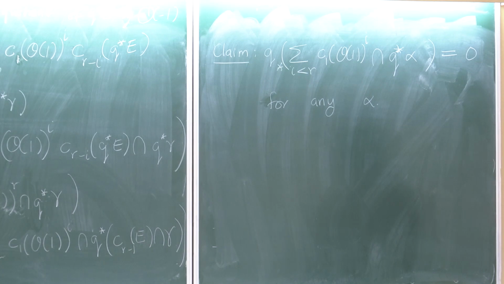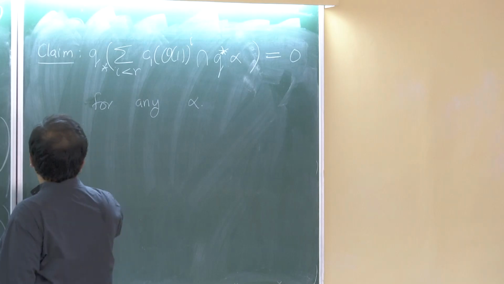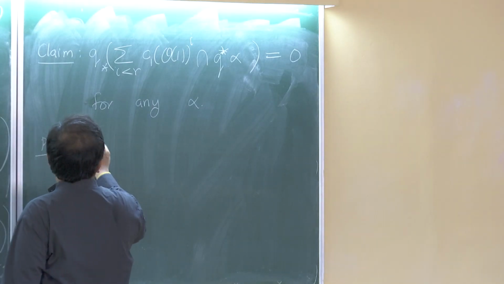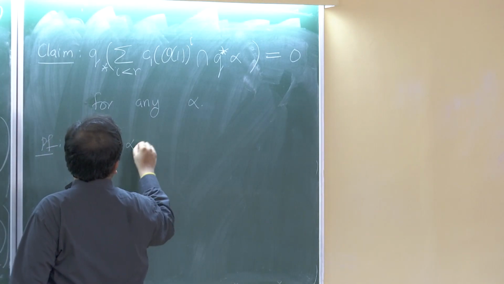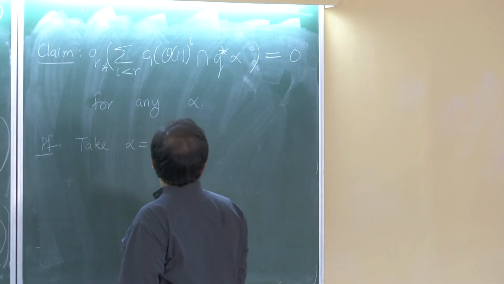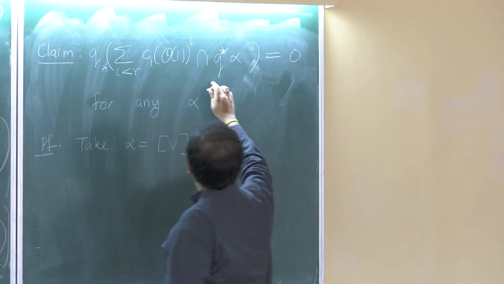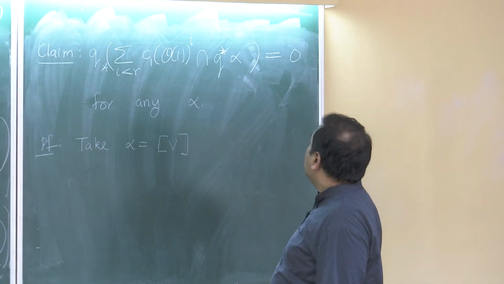The reason is, proof: take alpha equal to say V. What is going to be Q upper star of alpha?